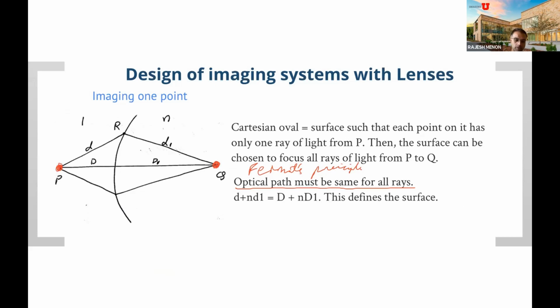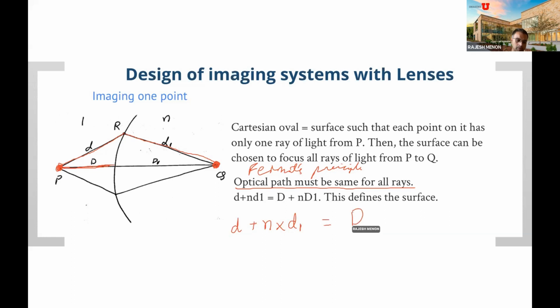Mathematically, if I draw any ray, the optical path in air is d, plus, now traveling inside some material like water, the refractive index of that material, n, times d1. Now I can draw another ray through the optical axis here.